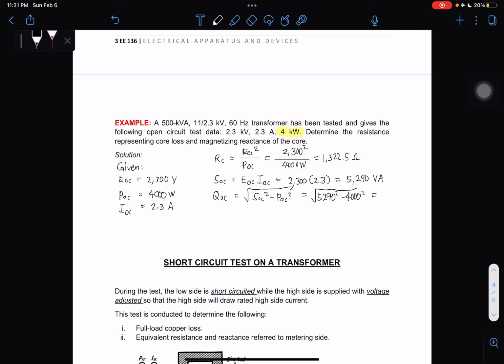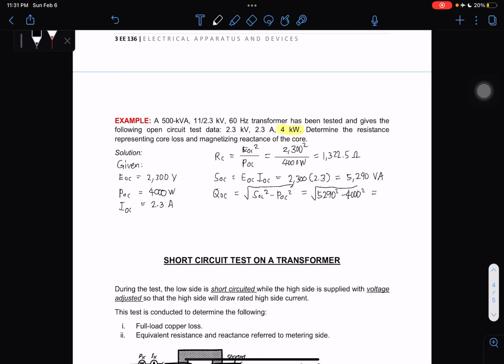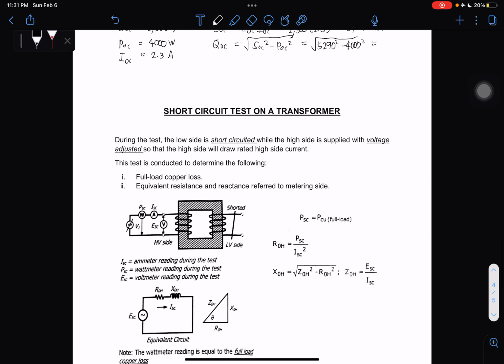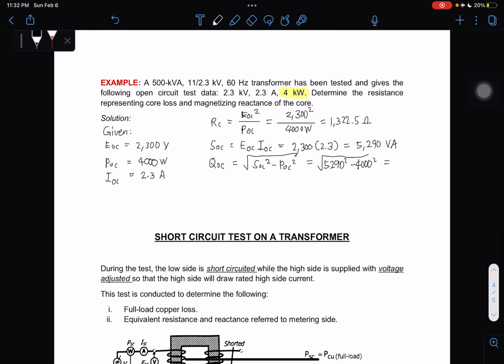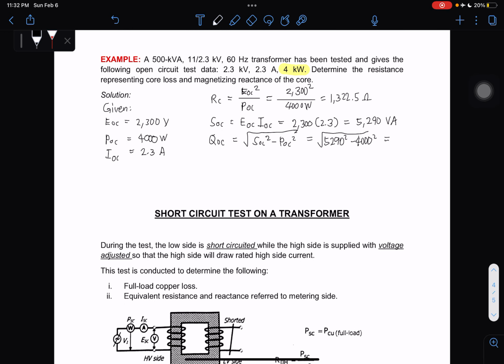So our reactive volt ampere will be, so calculator, our answer will be 3,461.805 reactive volt ampere or VAR. So na-solve na nato.